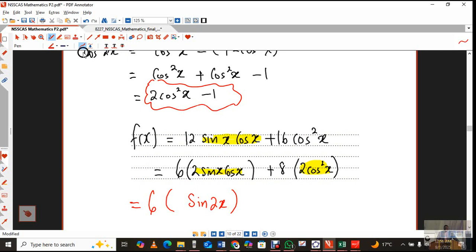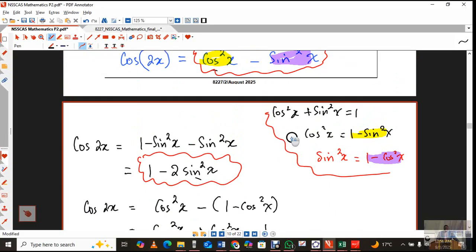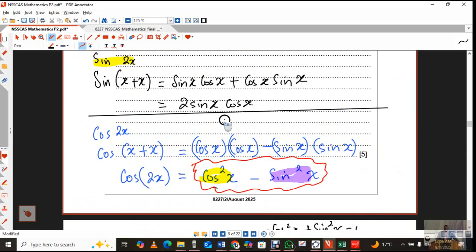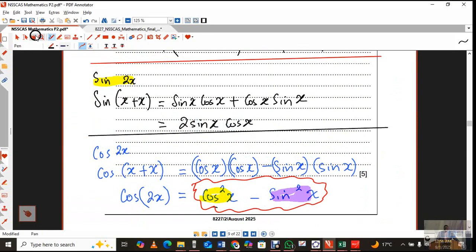Okay, I can use a different color there. That is going to be replaced with a double angle, sine 2x. That's what that means, right? Remember, I've done it way up here, the one that I'm indicating here. So this sine 2x is the same as that.